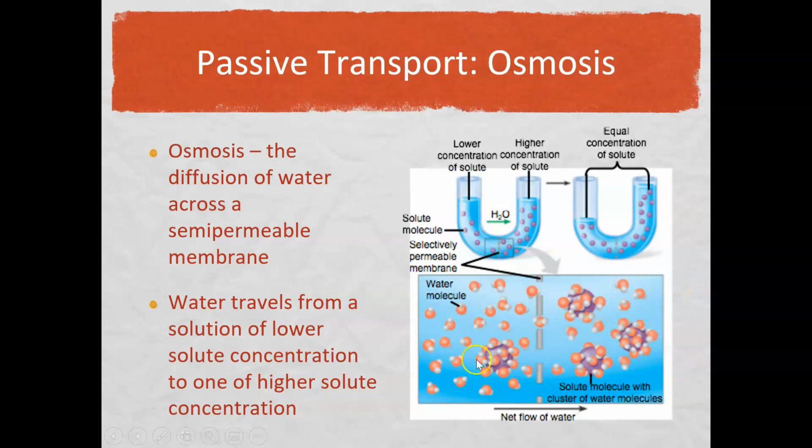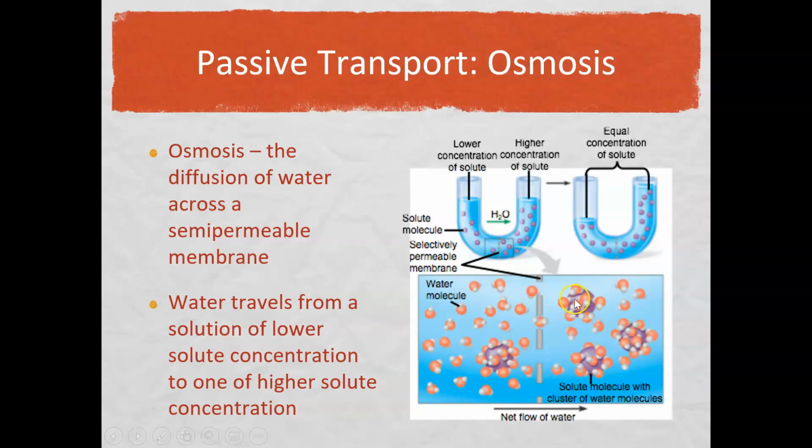So if I take a look at this example, I've got one sugar molecule on this side, three on this side. Because there's only one sugar molecule here, let's just say that accounts for 10% of the solution. That means 90% of it to get me to that 100% is actually water. So 10% sugar, 90% water.